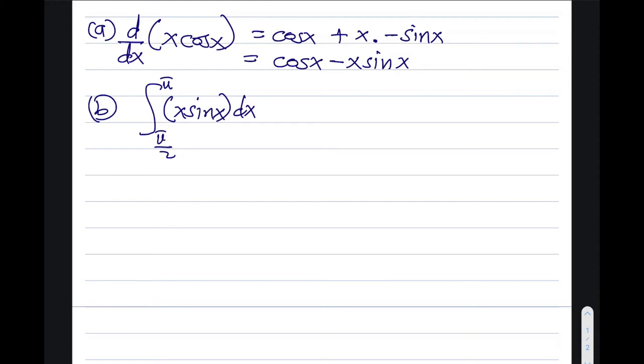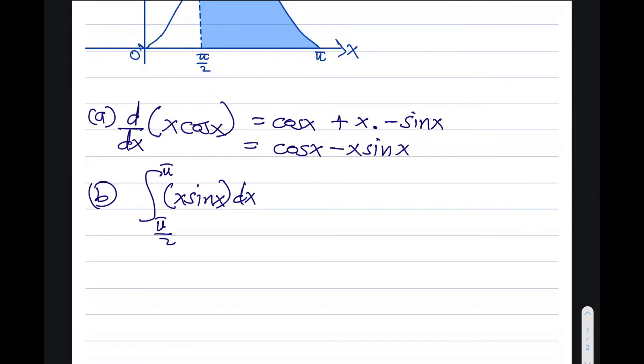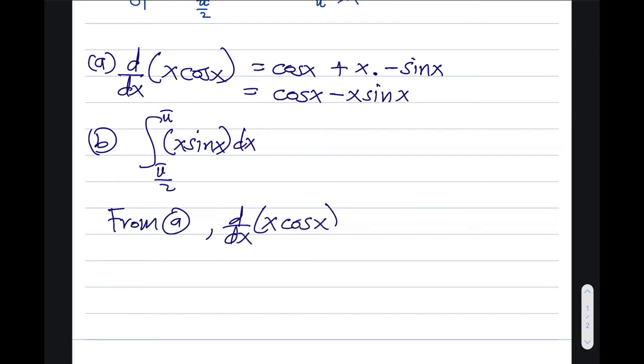But the question said we should go to A, and this is A. And A we were able to prove. So from A, what did we do? Well, we were able to say that the differential of x cos x is equal to cos x minus x sine x.